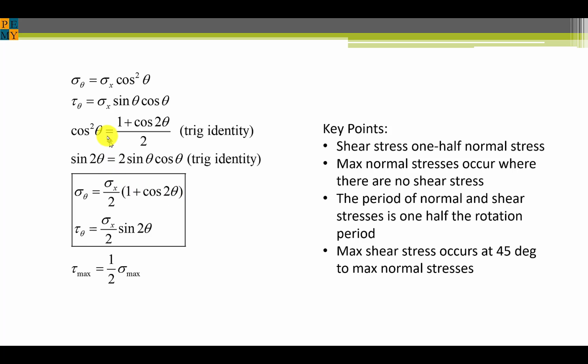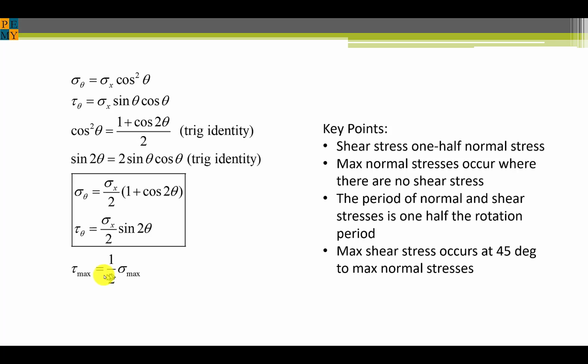You can do the same thing with a sine function here and substitute into the shear stress formula, and you'll end up with a similar function, except it's a sine function of 2 theta, which doubles the frequency. The maximum shearing stress, though, you can see because of this divisor here, is only 1/2 of the maximum normal stress.